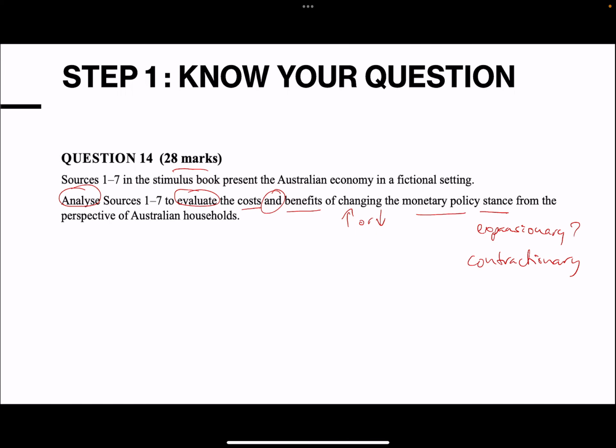At this point, what are we going to do? And we've got to think about the costs and benefits for Australian households. So we want to think about changing it up or down. We have to figure out the change. Super important to figure this out.